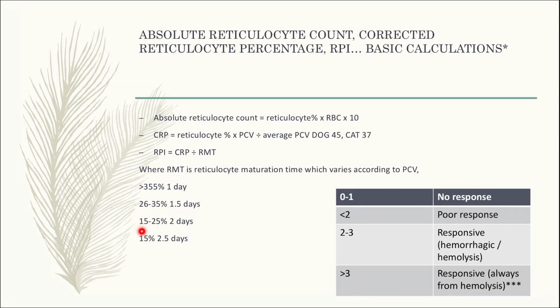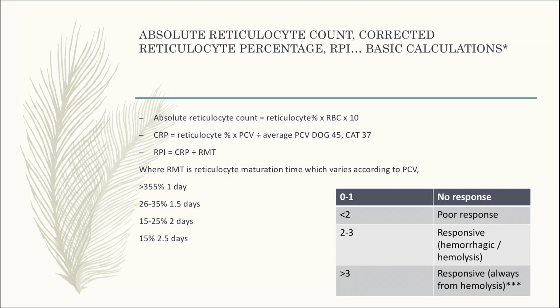And if the PCV is 15 to 25, then RMT is 2 days. If the PCV is less than 15%, then RMT is 2.5 days, which means it takes 2.5 days for bone marrow to mature and release the reticulocytes in order to compensate anemia that has PCV of 15%.